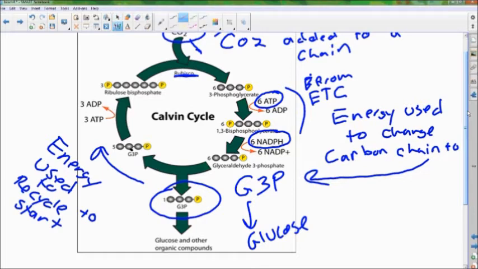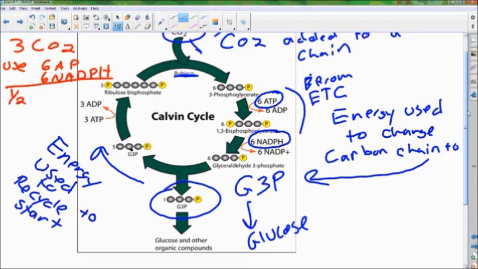So to summarize, we put in 3 carbon dioxides. We use 6 ATP and 6 NADPH, and that gets us 1/2 glucose.